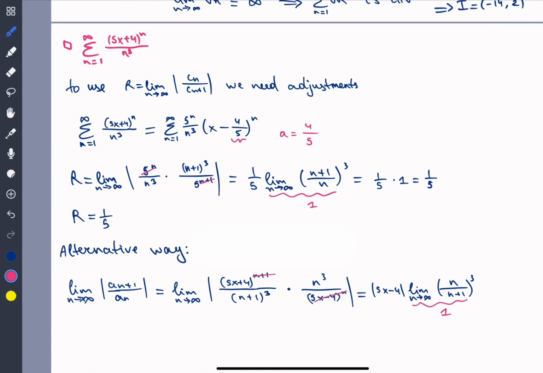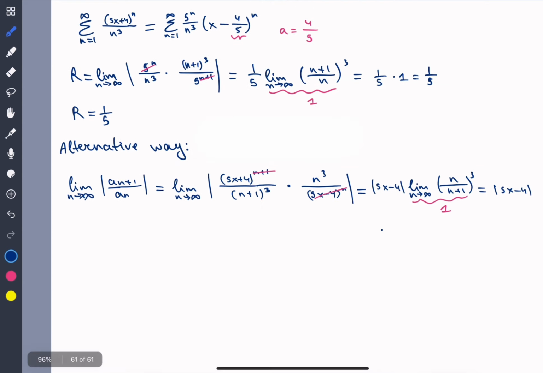So this is equal to the absolute value of 5x plus 4. But we're not done yet. We still need to make it less than 1 and then find the radius of convergence.